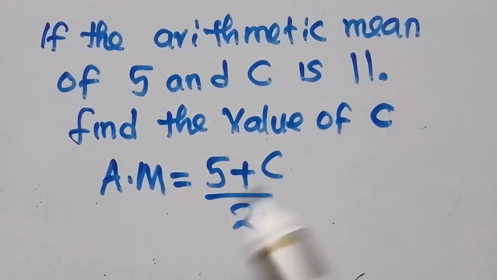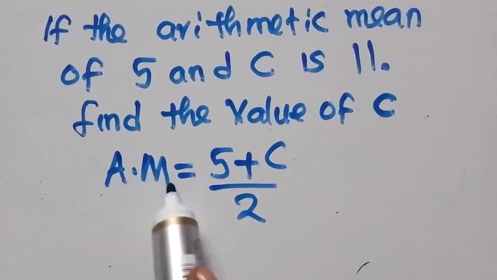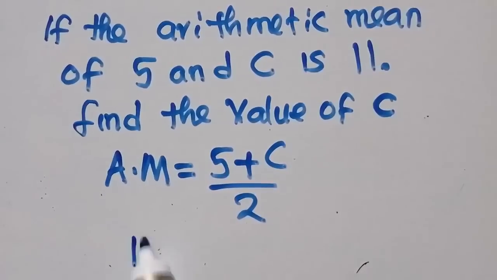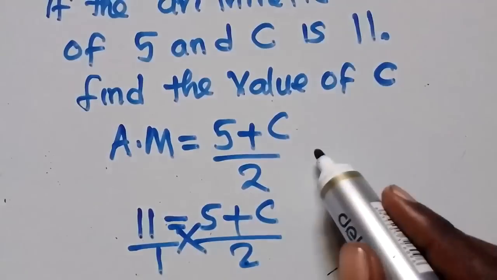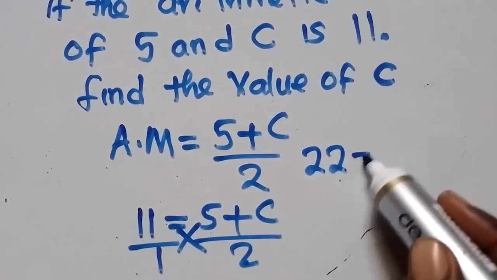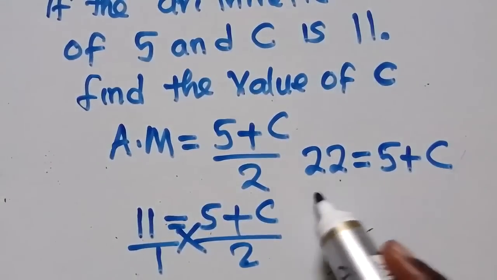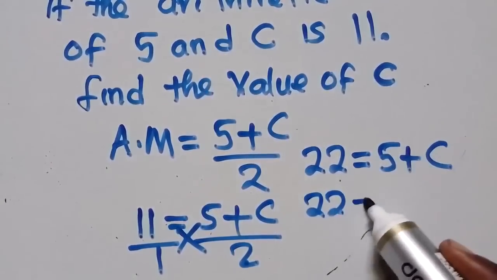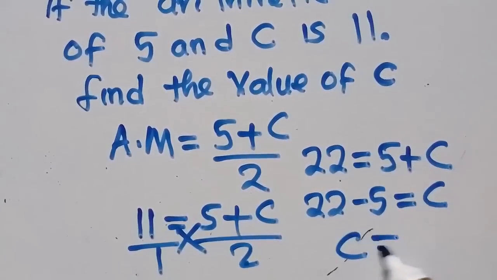You add the 2 terms and divide by 2. It is the arithmetic mean, not the geometric mean. Here the arithmetic mean is 11, which is equal to 5 plus C over 2. Over 1, then you cross multiply. 2 times 11 is 22, which is equal to 5 plus C. You group like terms: 22 minus 5 is equal to C. Then C is equal to 17.